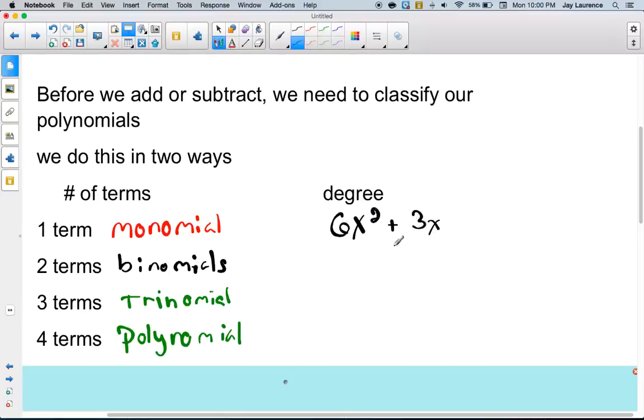If I have a trinomial of 2x minus 3x to the fourth plus 5x cubed, this would be degree 4. If I have a monomial like 5x to the second y to the eighth, this is degree 10 because I add up the two, because it's all being multiplied.